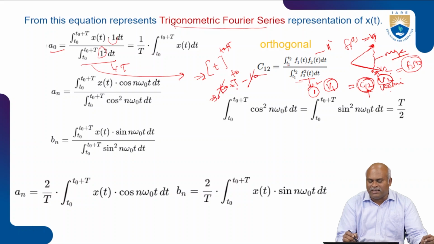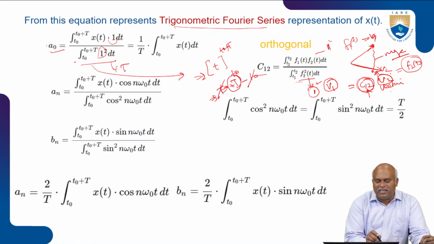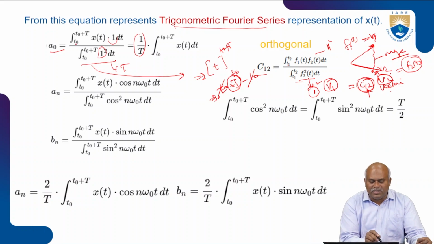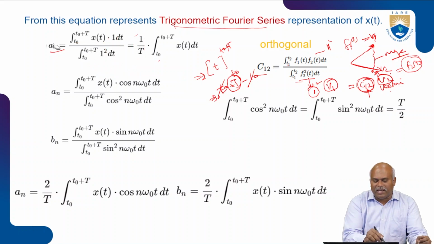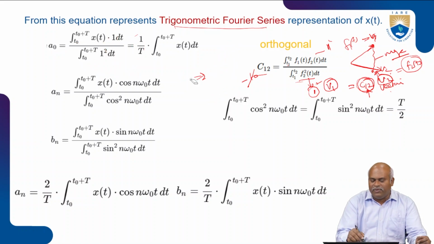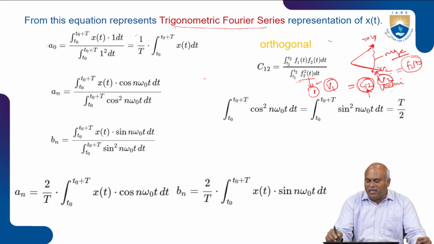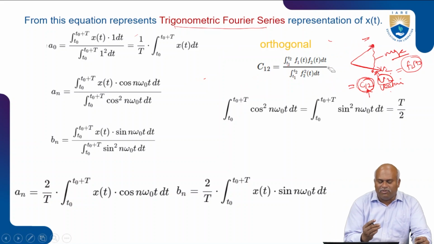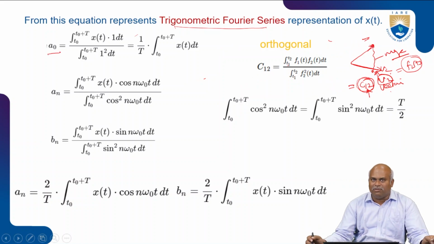These two cancel, and only T remains. This T is the time period. So this term I write for the same x of t dt, the integration of t0 to t0 plus capital T. Now we got A0, that is the first coefficient, the constant coefficient.